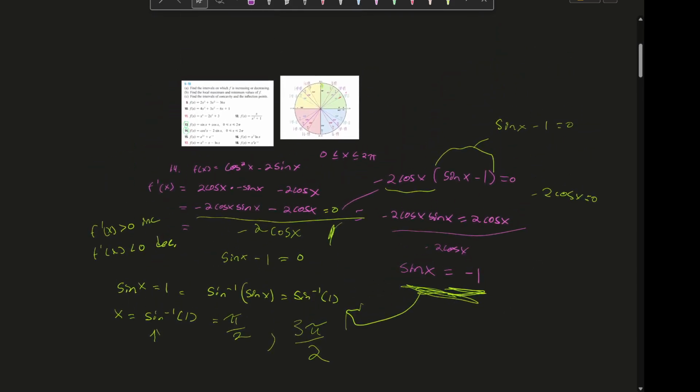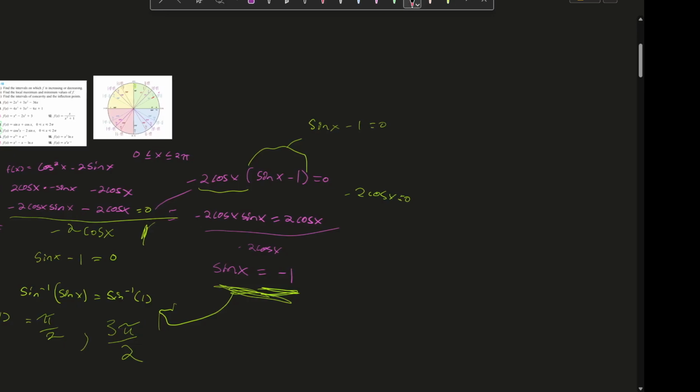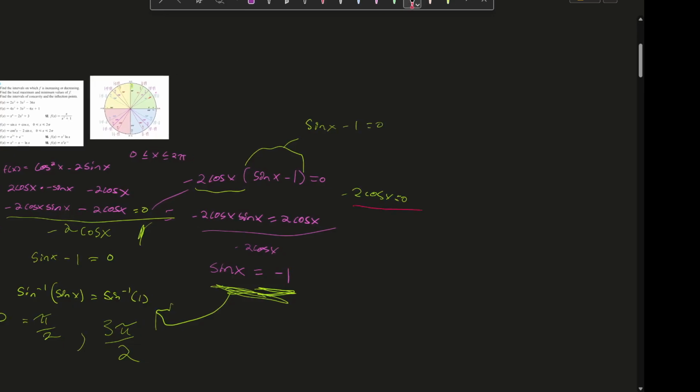But then we're also going to have to go ahead and solve this here. Cosine x, divide that -2. It's just cosine x equals 0. And cosine x equals 0, that's your x coordinate. That is here and here.